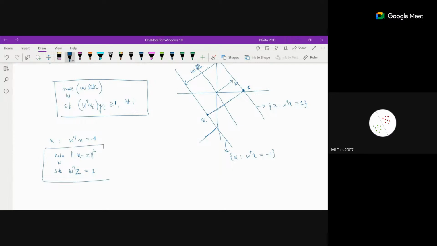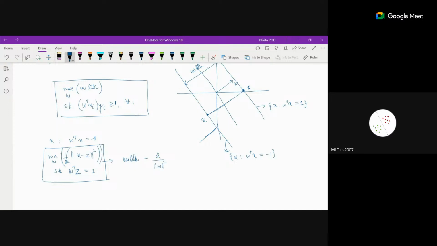If we solve this optimization problem, what we get is that the width, the norm of X minus Z squared for the optimal W, turns out to be 2 divided by norm of W squared.